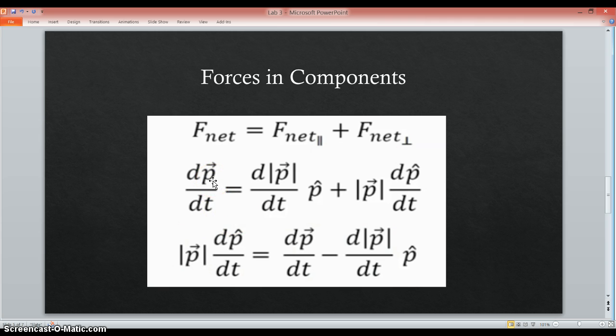Dividing the momentum into these two pieces leaves us with the derivative of the magnitude of momentum over time times the direction p hat, plus the magnitude of the momentum times the change of the p hat direction over time. Additionally, the perpendicular part is equal to the change in momentum over time minus the magnitude of the change in momentum over time times the p hat direction vector. These relationships were coded into VIdle in order to calculate Fnet.